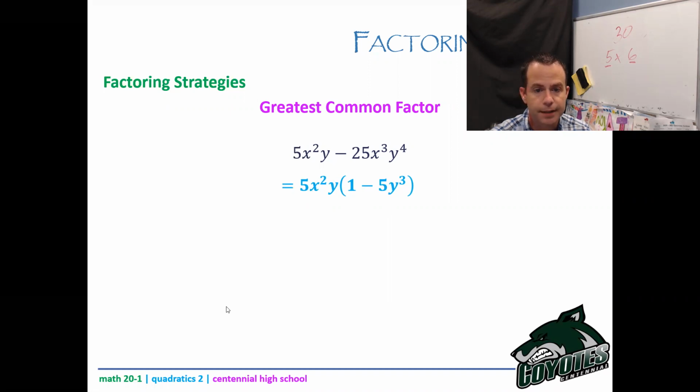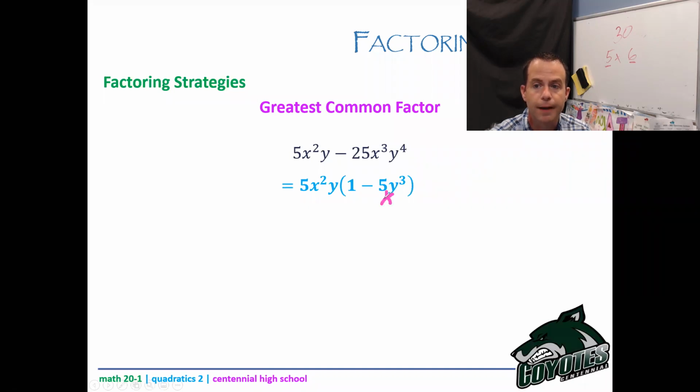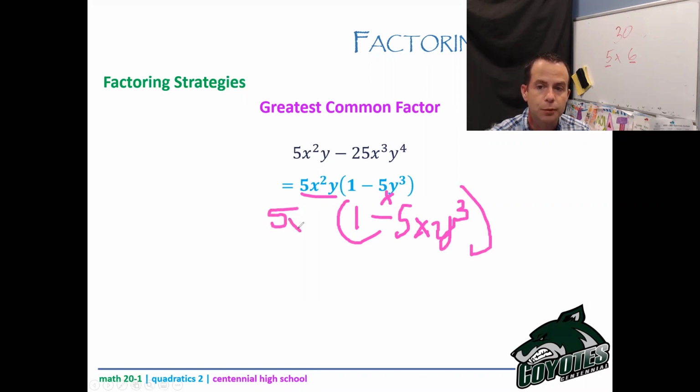Let's just add that in. I'll fix that before I PDF your PowerPoint for you, but 5x and then y to the 4 divided by y gives me y to the 3. Okay, so that should say 1 minus 5x y to the 3, and then that's in brackets, and it's being multiplied by my greatest common factor, which is 5x squared y.